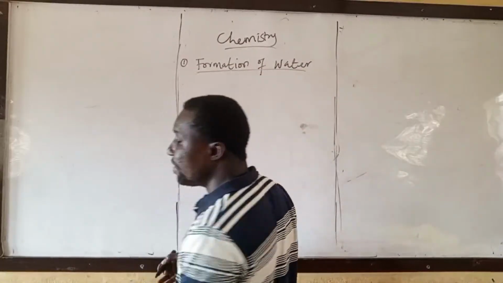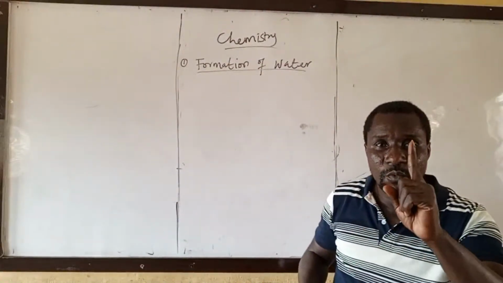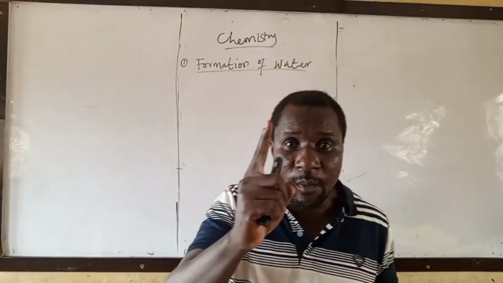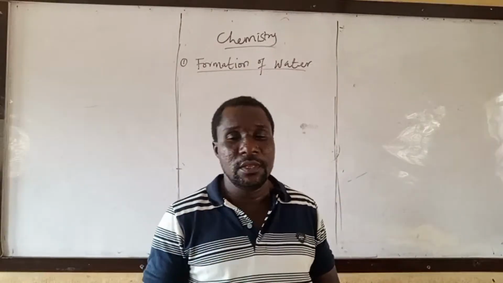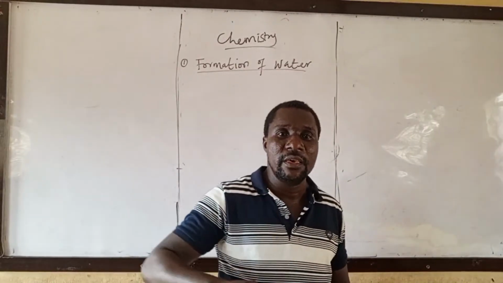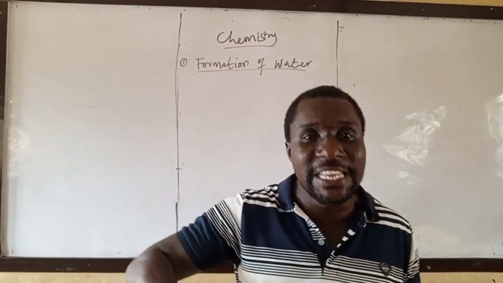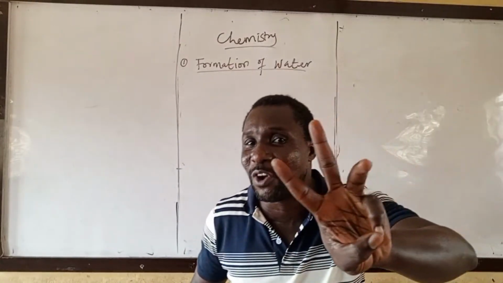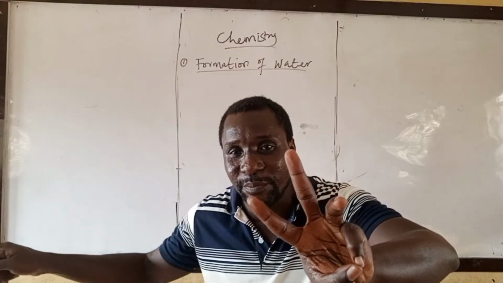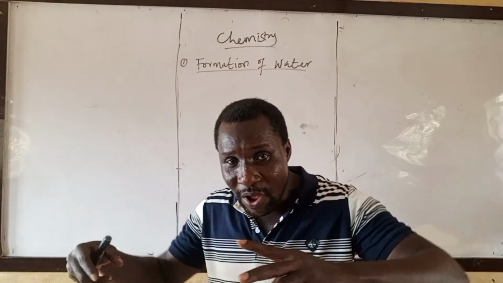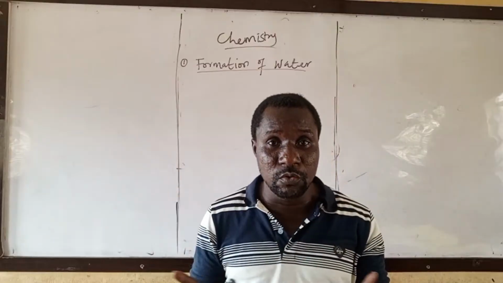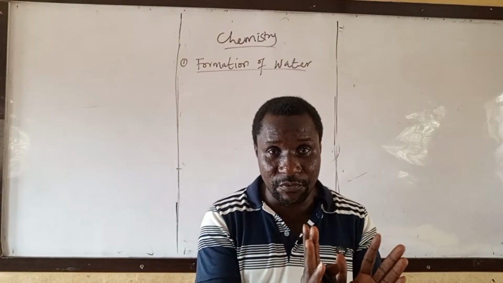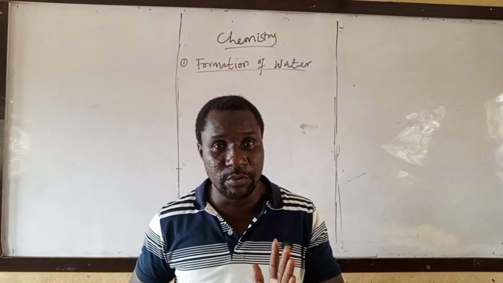When you have one molecule of water, the bond that occurs in it is what? Covalent bond. But when you have three molecules of water, it's hydrogen bond. Take note. The bond that occurs within one molecule of water is covalent bond. Let us stay with covalent bond. We are still coming to hydrogen bond.